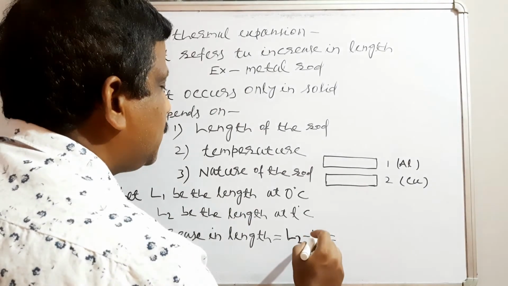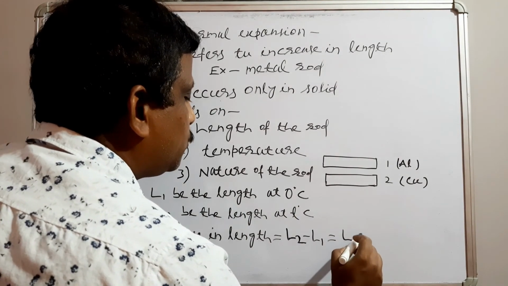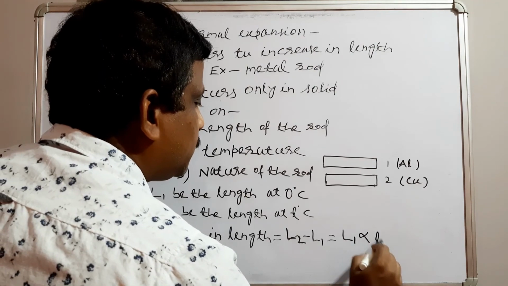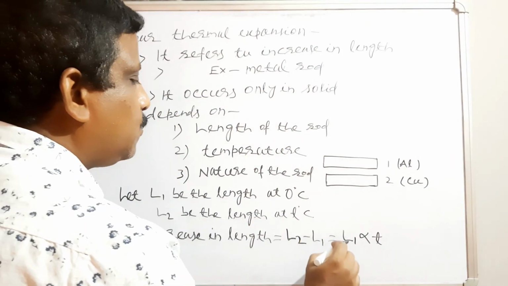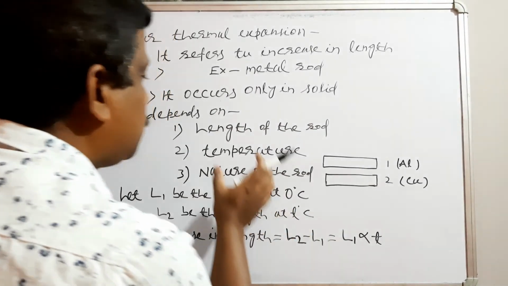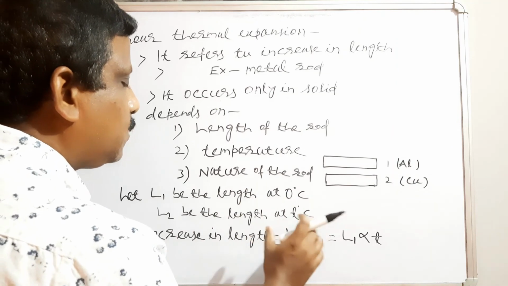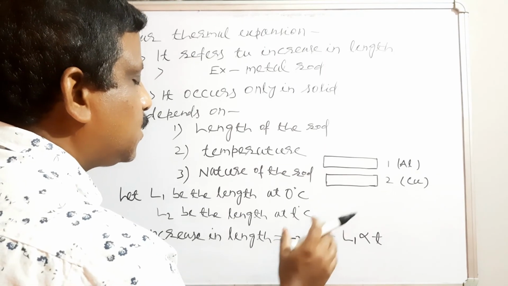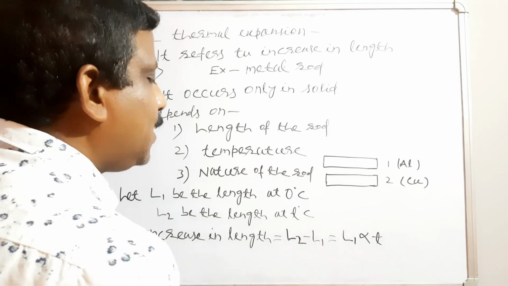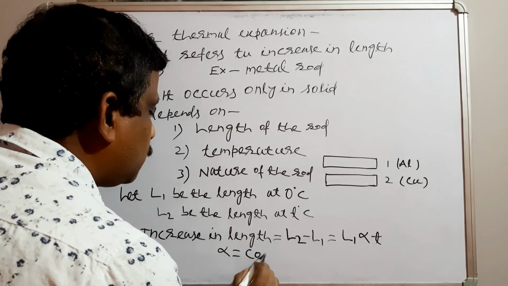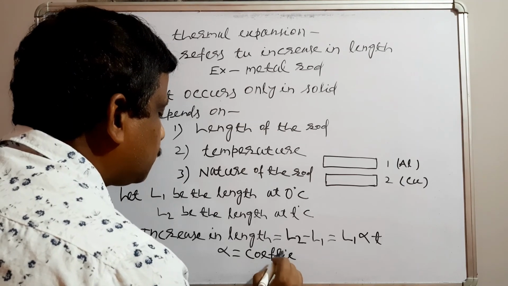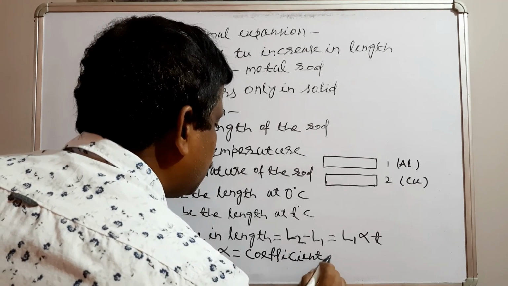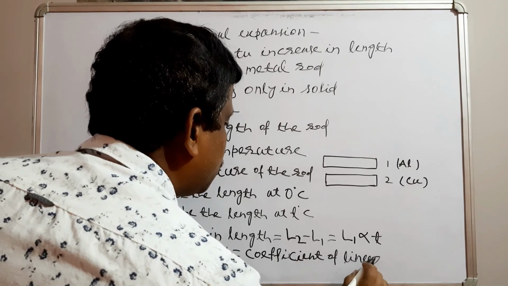So we can write the increase in length as the original length L1 into the coefficient of linear expansion alpha into the temperature T. So increase in length is equal to L1 alpha T, where L1 is the original length, T is the temperature we are giving, and alpha is the coefficient of linear expansion, the constant we are using to equalize with the increase in length.